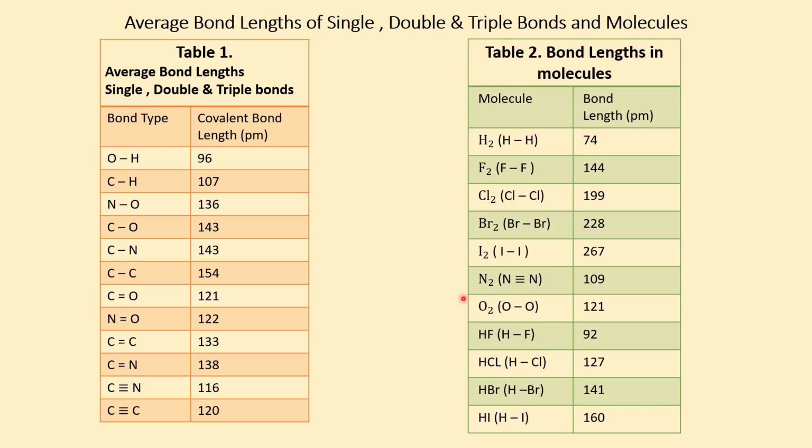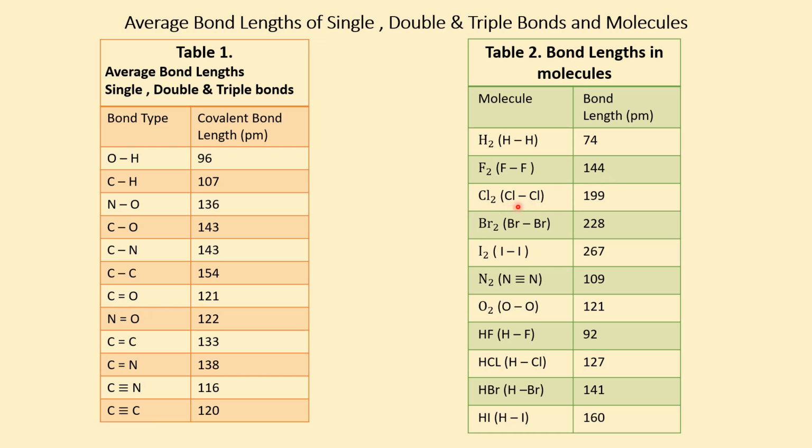Table number 2 shows the bond lengths in molecules. Here the molecules may be H2, that is a single bond between H and H, and its bond length is 74 picometers. For F2, there is a single bond between F and F atoms and the bond length is 144.